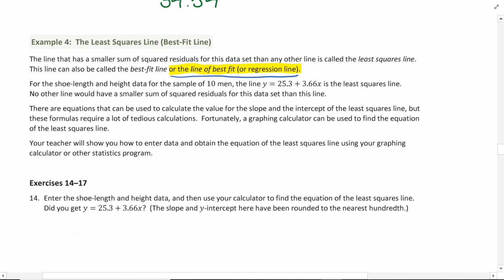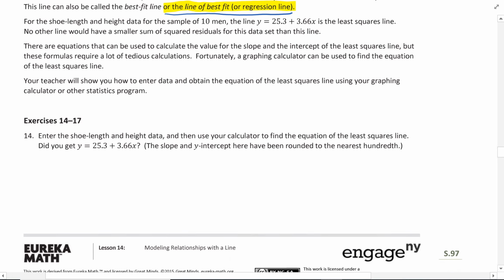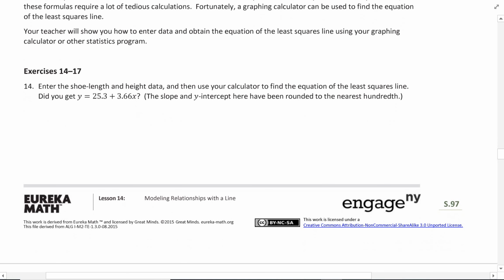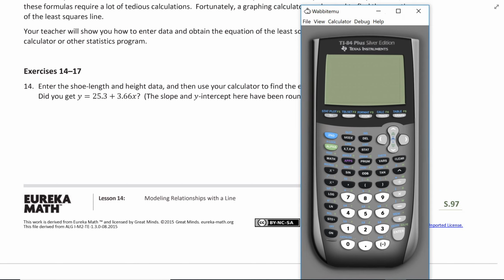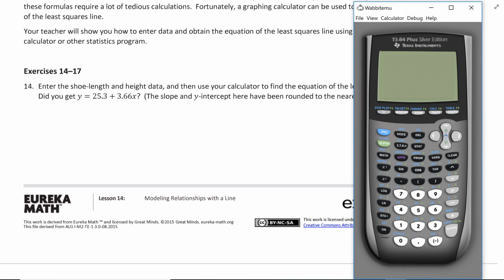Now, there is a way to do this in the calculator, and that's what I'm about to show you right now. If you guys have a TI-84, whatever kind of edition you have, or 83, it's the same throughout, but as I go through it, I need to basically create that equation in this calculator. Now, here's the way to do it.